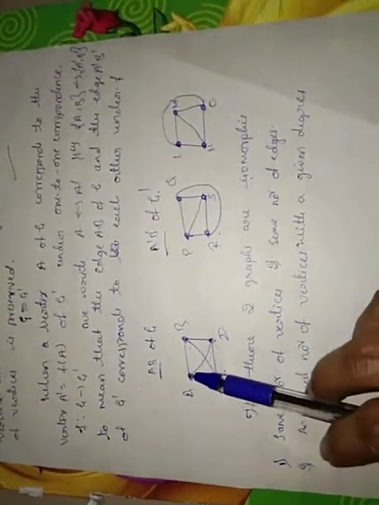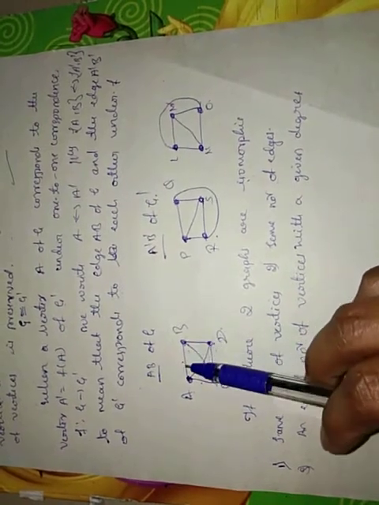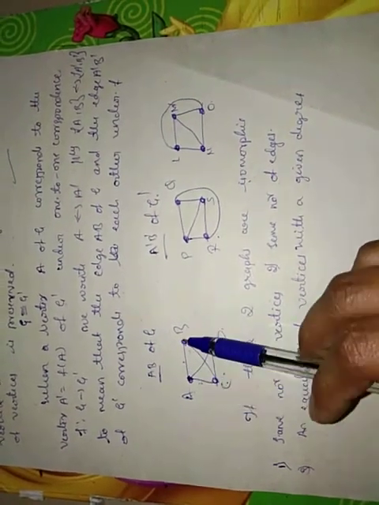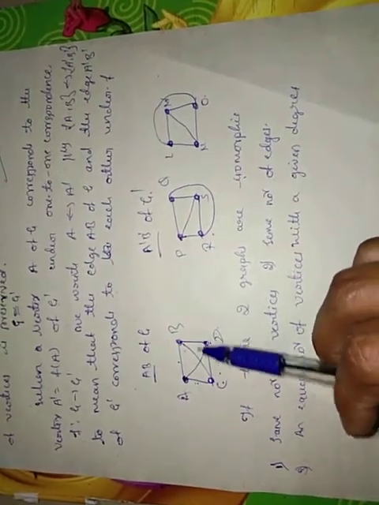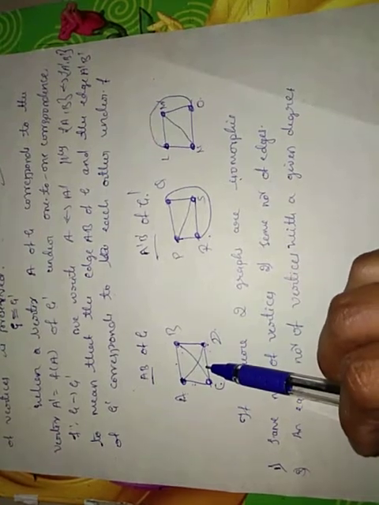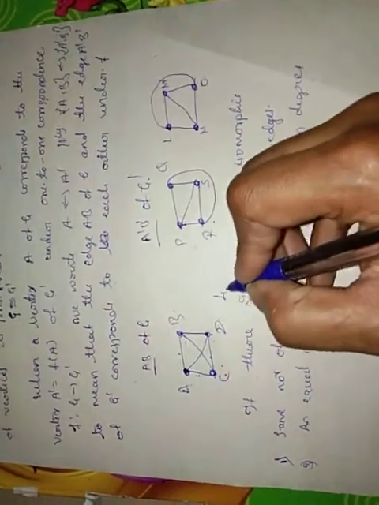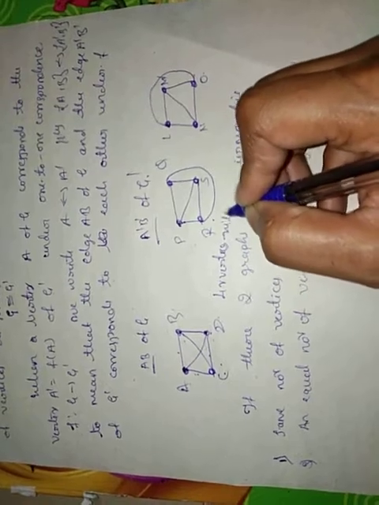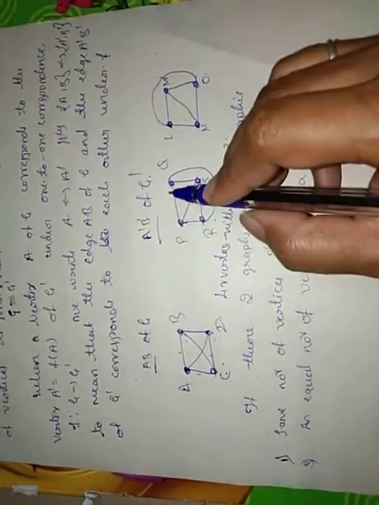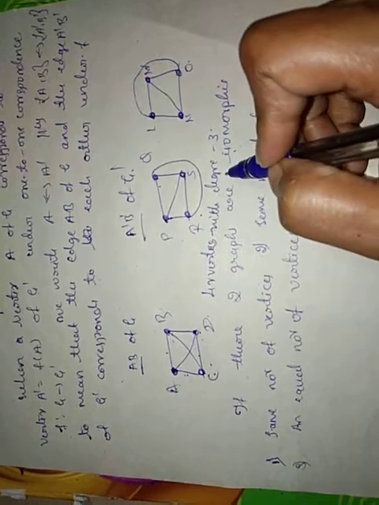Means if vertex A has degree 3, B has degree 3, D has degree 3, and C has degree 3, so four vertices with degree 3, then this graph must also have 4 vertices of degree 3 only.